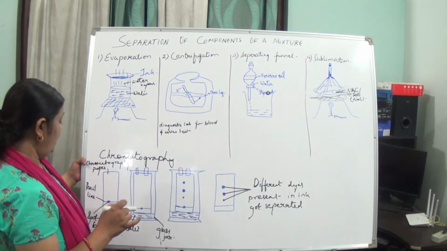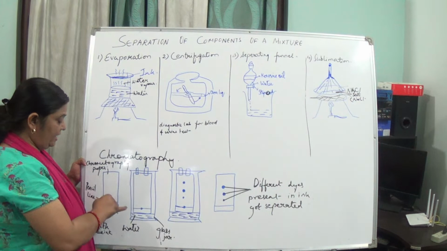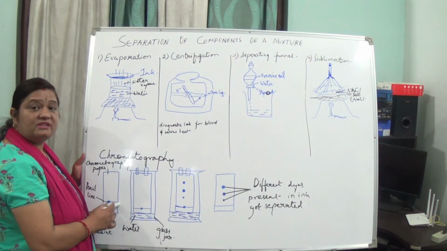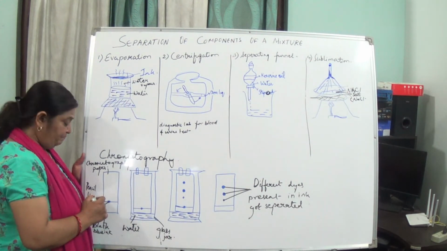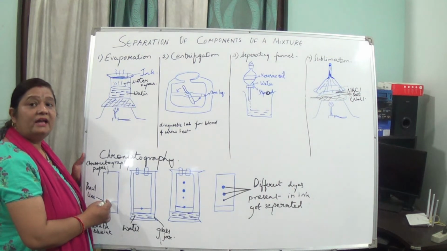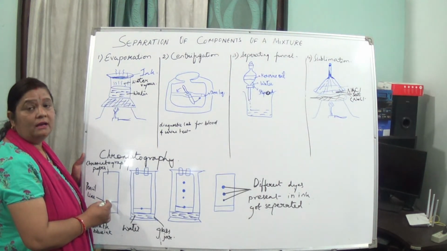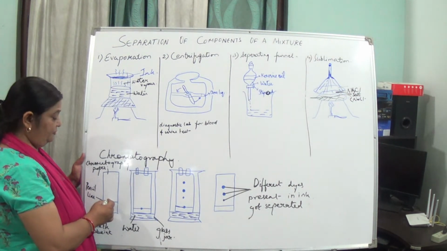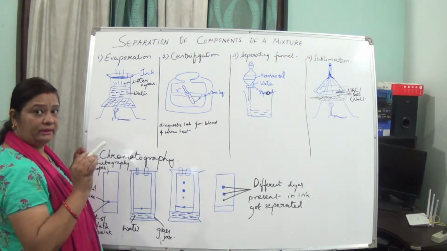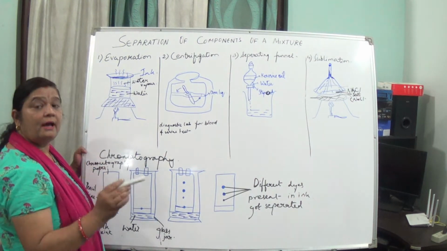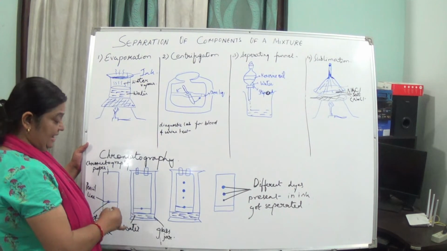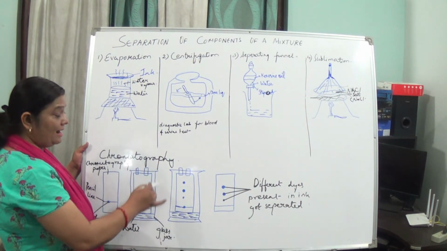Okay, here you can see I have taken a chromatography paper. It has been marked with a pencil, and here we have added a drop of ink which is blue or black in color. We are separating the components of ink, or the different dyes present in the ink.